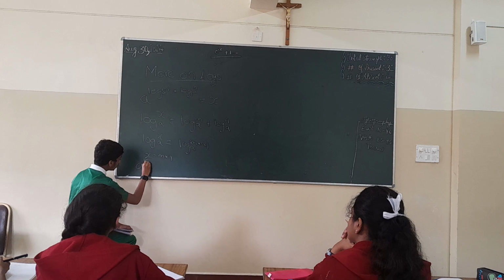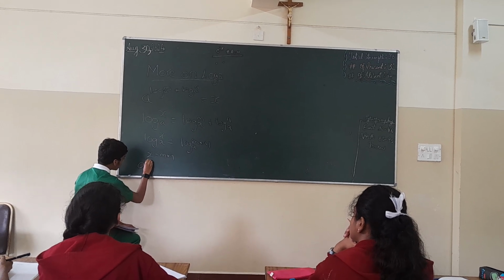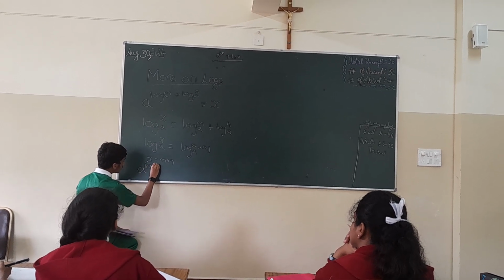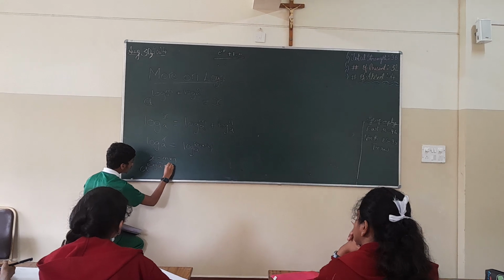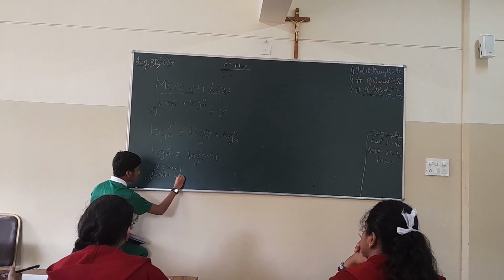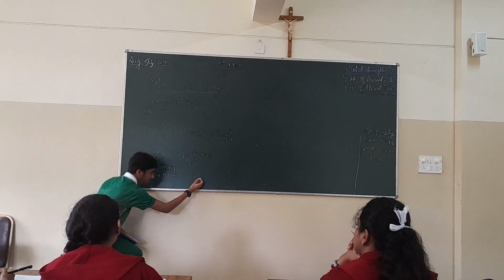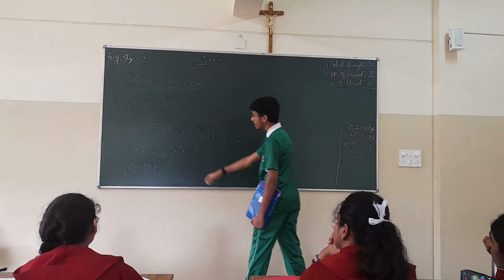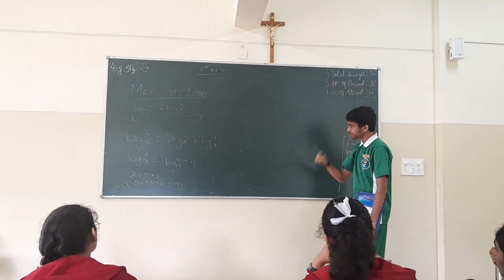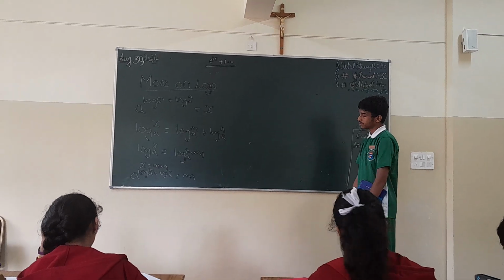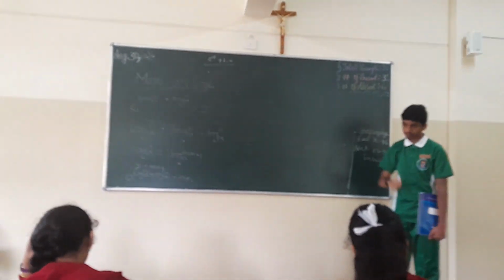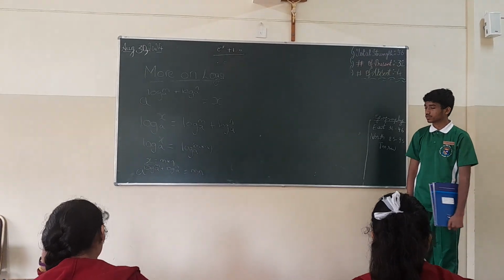A raised to log m to the base a plus log n to the base a is equal to mn. That's the formula we derived. So the generic formula is a to the power log y is equal to y. A raised to power log y to the base a is equal to y.